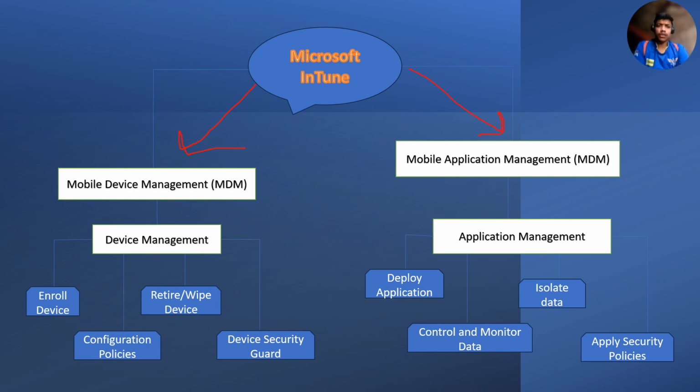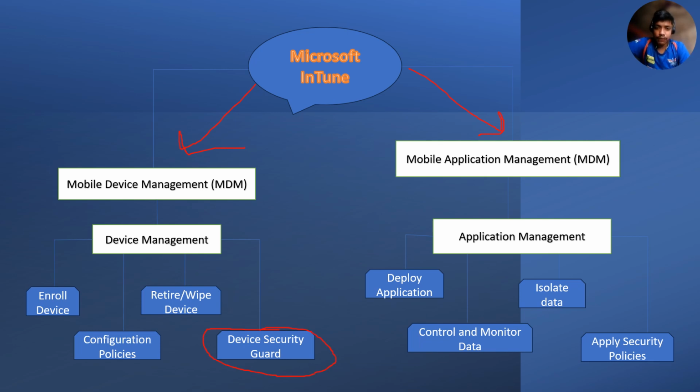Under device management, we enroll the device, we can configure and apply configuration policies on the device, and even retire and wipe the device if we lose it. Also, MDM works as a device security guard.